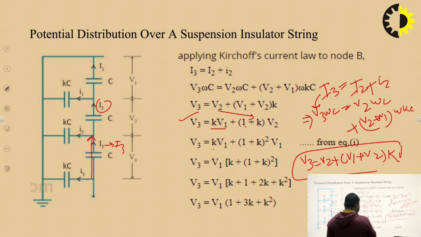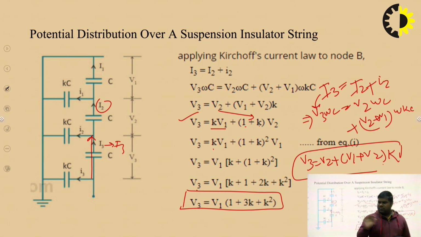V3 equals V1 of K plus 1 plus K square. V3 equals V1 of K plus 1 plus 2K plus K square. So the final V3, the voltage across branch 3, equals V1 in the bracket 1 plus 3K plus K square. This is the result of V3.